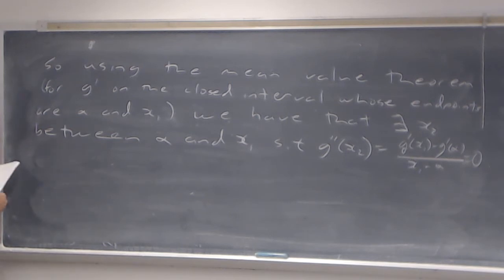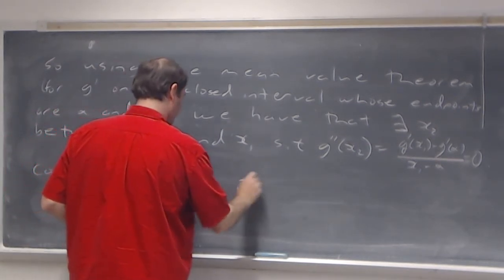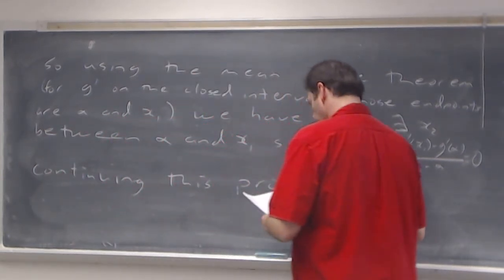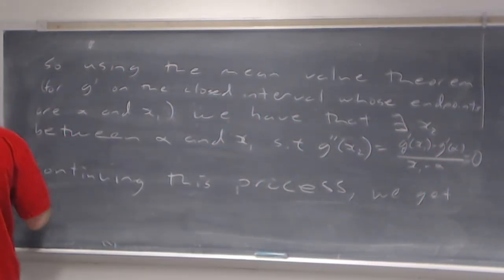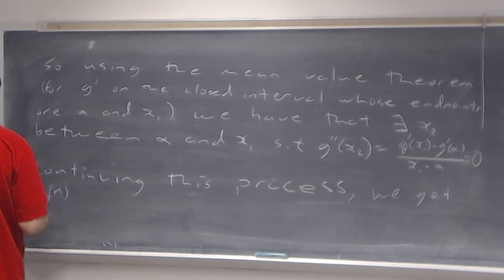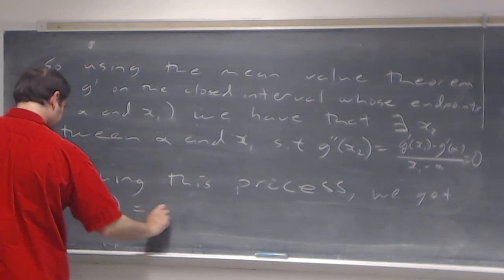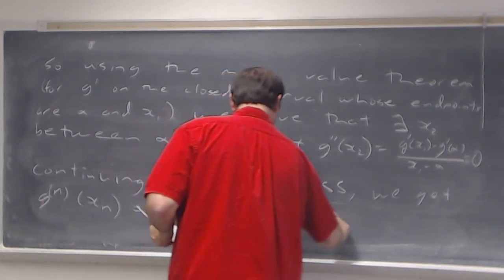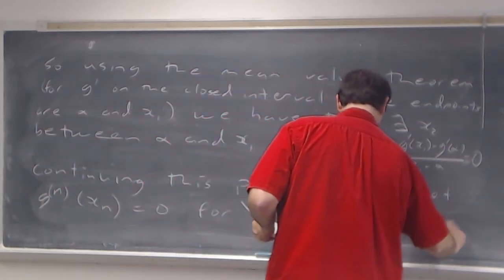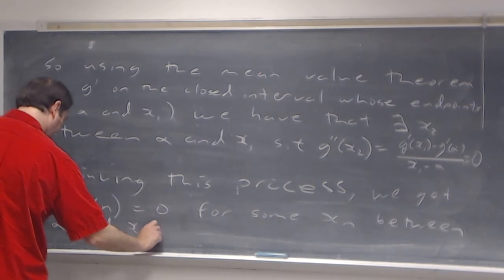We continue this process. We get the nth derivative of g evaluated at some x of n equals 0 for some x of n between alpha and x of n minus 1.